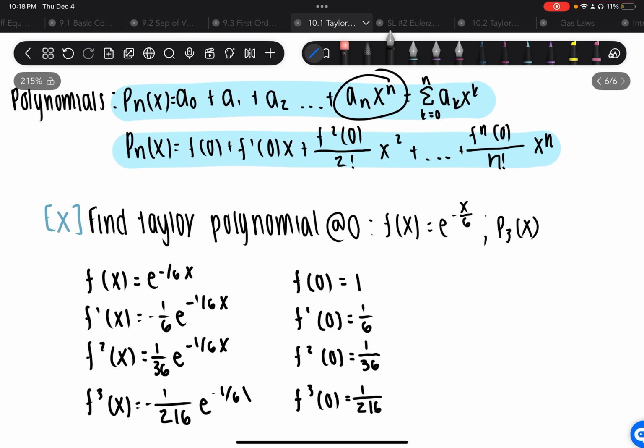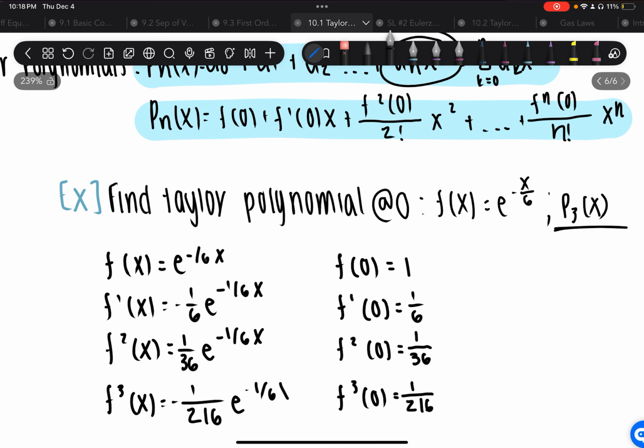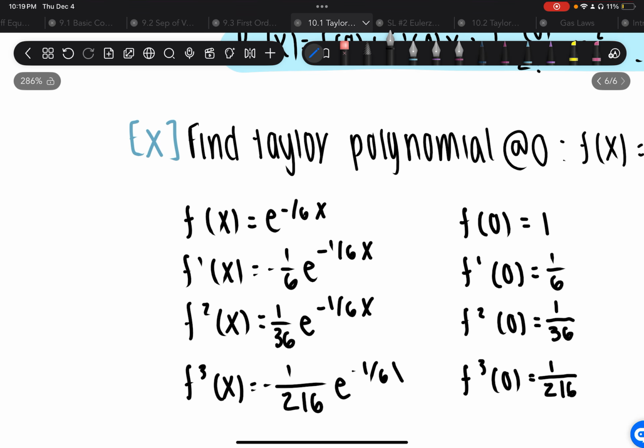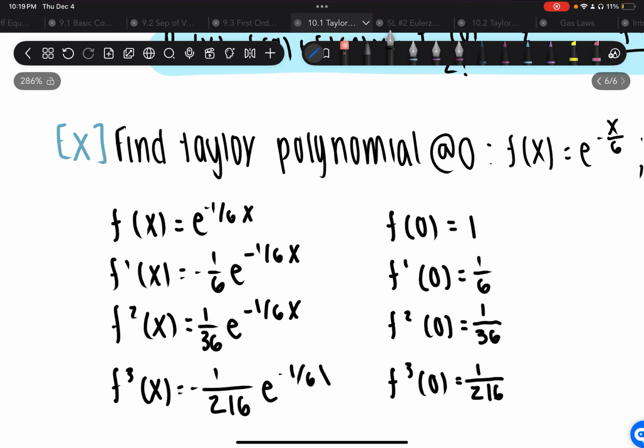Okay, so find the Taylor polynomial at 0 where f of x equals e to the negative x over 6, p of 3 of x. This p3 of x means we are looking for the third derivative. So here I have my starting function, which is e to the negative 1 over 6x.